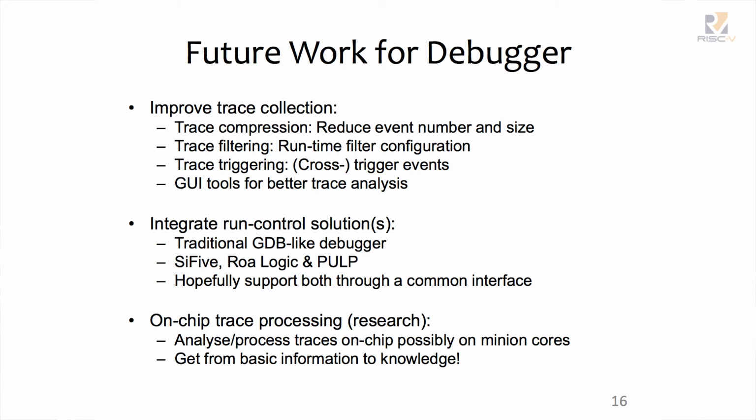And we will implement some control flow in the on-chip tracing network to reduce the time of overflow and allow some information to get higher priority. And also we have an idea of using minion cores to process the trace online, so we don't need to send everything to the host computer to analyze off-chip.